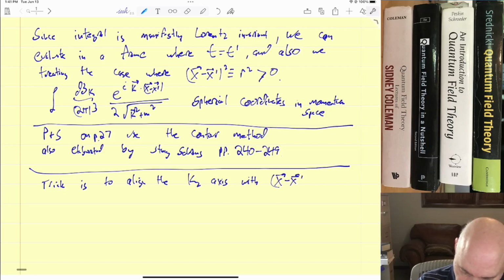We can always choose our coordinate systems, and we can choose it so that the z-axis aligns with this vector.